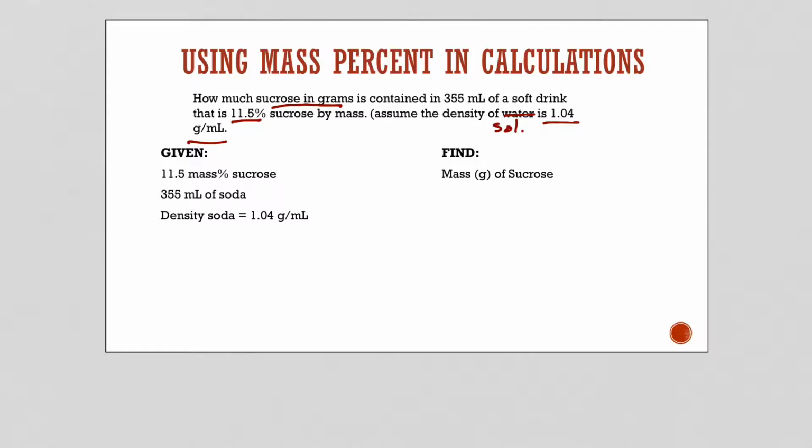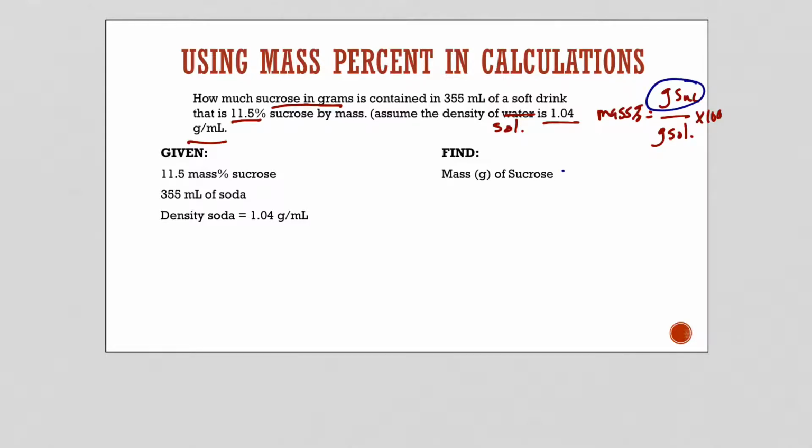So if we think about our calculation, remember, I'll just do it over here. Remember, our mass percent equals grams of solute, which is my sucrose, over grams of solution times 100. So this is what I want to find right here.